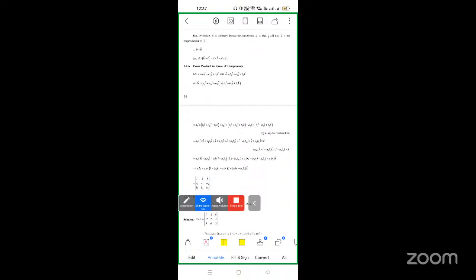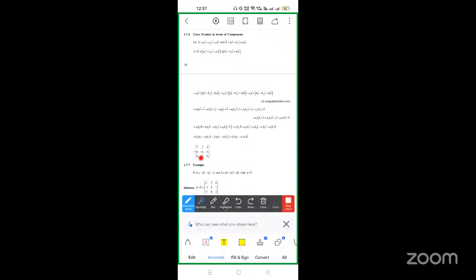Cross product in terms of components. Let a bar be equal to a1 i plus a2 j plus a3 k, and b bar be equal to b1 i plus b2 j plus b3 k. So a cross b is a1 i plus a2 j plus a3 k cross b1 i plus b2 j plus b3 k. We can multiply each and every term, or directly write it in matrix form.